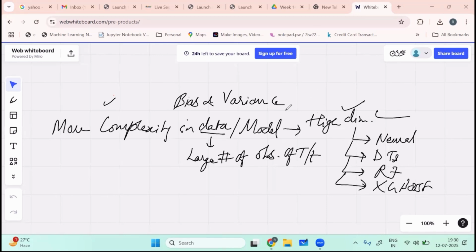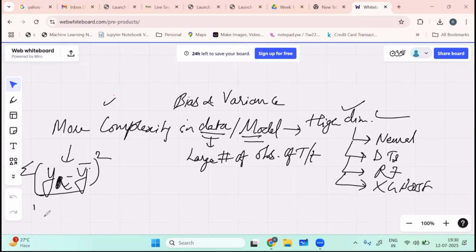So these kinds of models have model complexity, or we have data complexity. Wherever model or data complexity is high, the y actual minus y average deviation would be very high. That's what is known as variance.